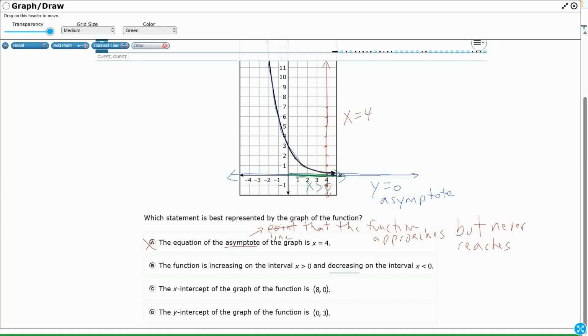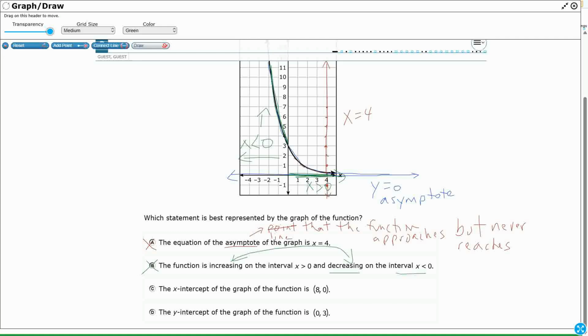And decreasing as the interval x is less than 0. Well, x is less than 0 is over here. And look, it's increasing right here. So that is opposite. If you could flip these two, you would have a true statement. But that is going to be incorrect.